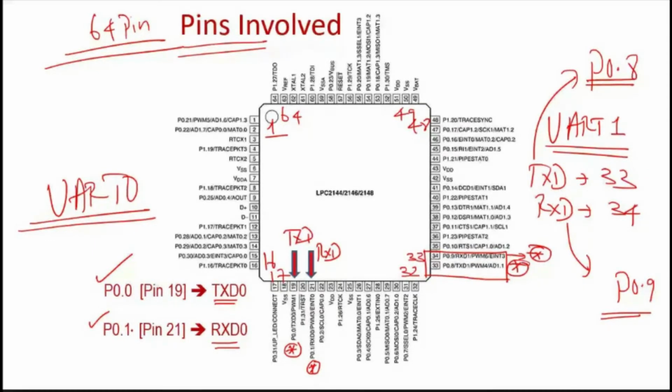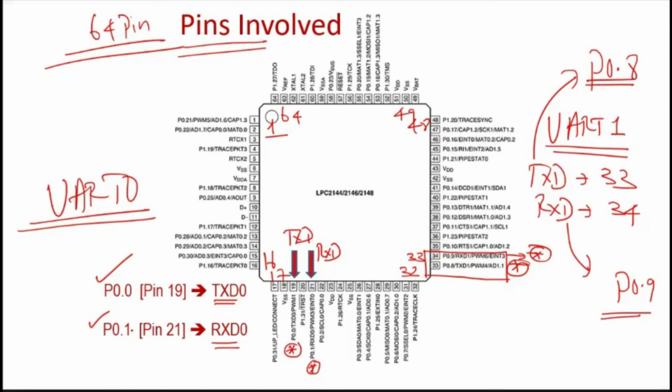Additionally, you can also use those pins as transmit and receive data, which means in 8051, the same pin performed dual function. You can use the same pin for parallel port operation, which means you can connect any peripheral device to it. At the same time, you can also use the same pin for transmitting and receiving data via UART. Both of them are possible.